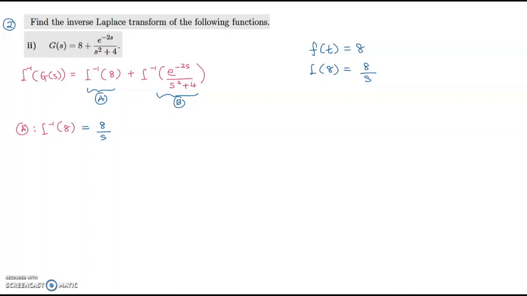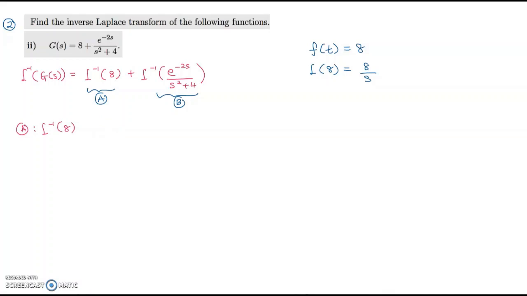If we're talking about the inverse, it means that after we take the inverse Laplace transform, the answer should be in the form of t. So it is obvious that if your answer is in the form of s, this is not valid, because the answer is supposed to be in the form of t. But it is not 8 over t anyway.